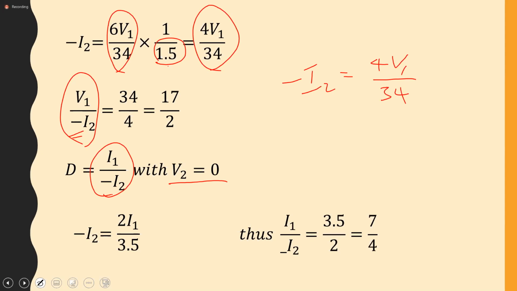So I1 over minus I2 is equal to 3.5 over 2, or 7 over 4.